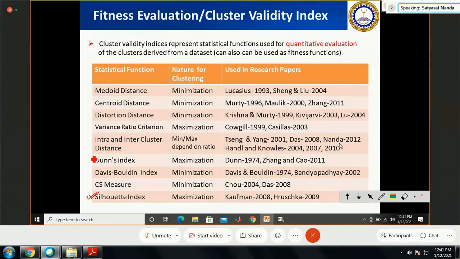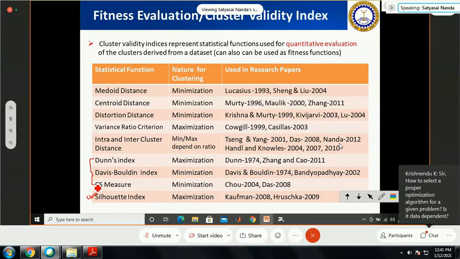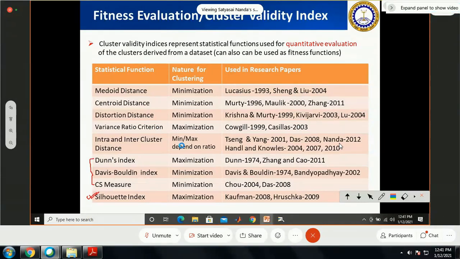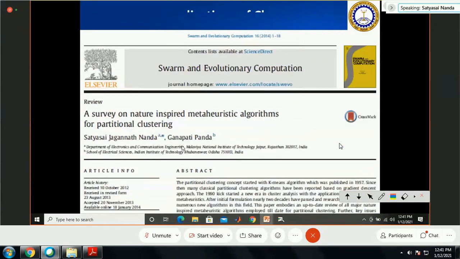And for the rest, Dunn's index, Davies-Bouldin index, and CS measure, the mathematical analysis of these three statistical functions is already given in this particular survey paper. So you can refer to the mathematical expressions of these three functions, and you can calculate them.